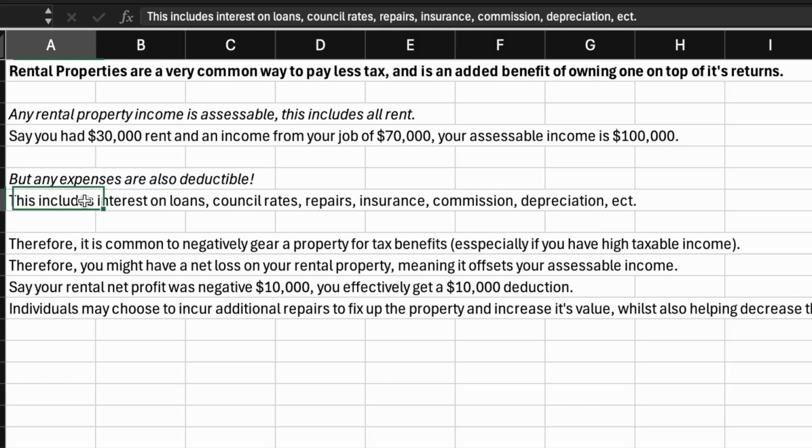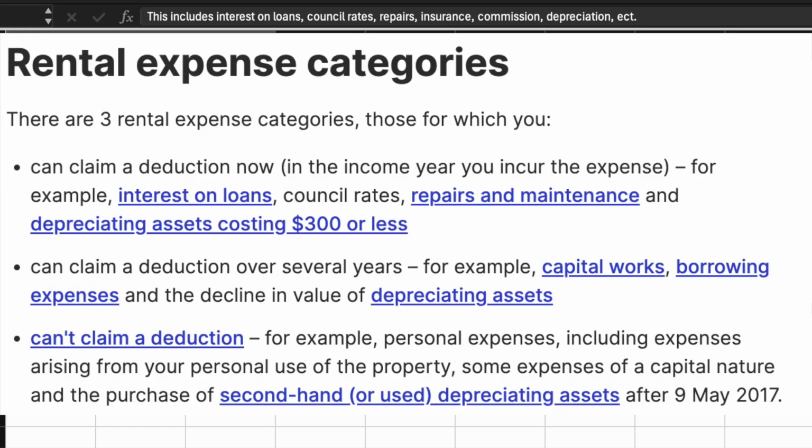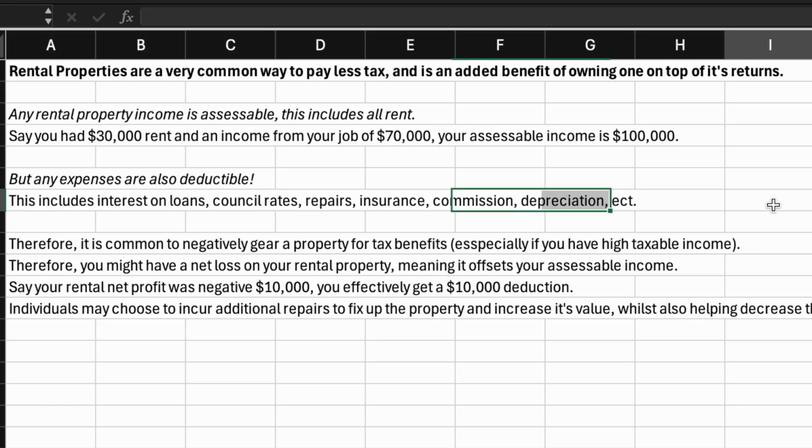So your mortgage repayments, your interest on the loans, the council rates, any repairs you do, your insurance, commission, depreciation are all tax deductions. So you can rack up a huge amount of tax deductions, like big figures, if you're having a lot of expenses with this rental property.